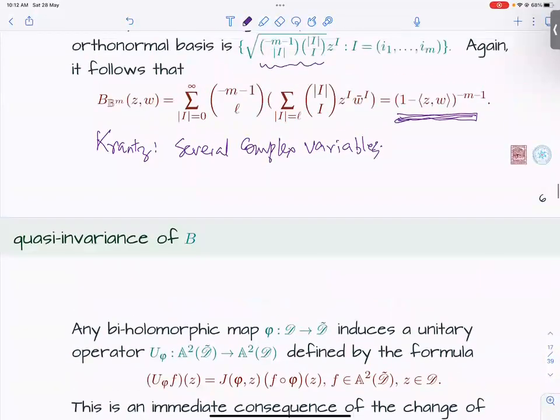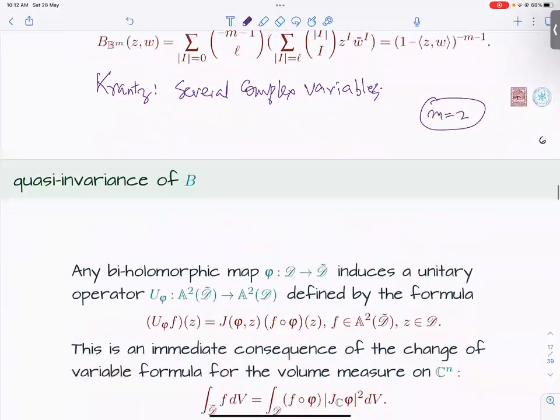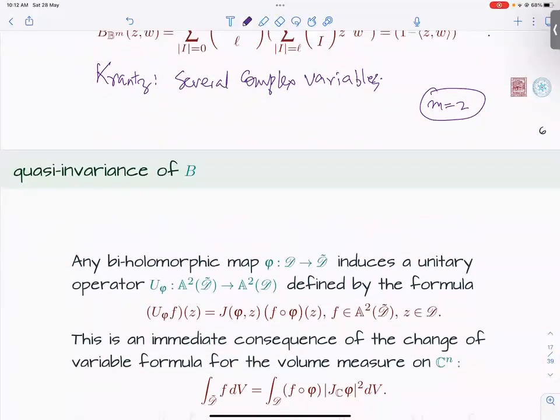Actually, some of these computations will not be necessary as explicitly as I am giving them here, except at the very end, and that too for m equal to 2. That is the case where we'll say that these are not biholomorphically equivalent. All right, now we go back to some generalities.